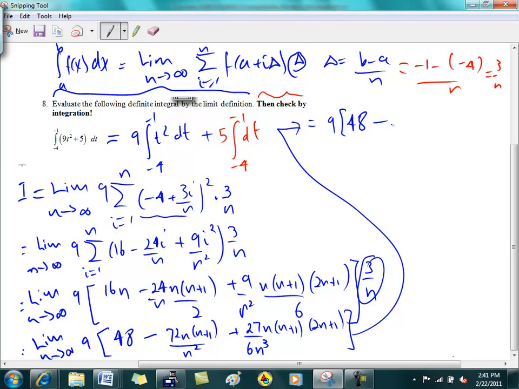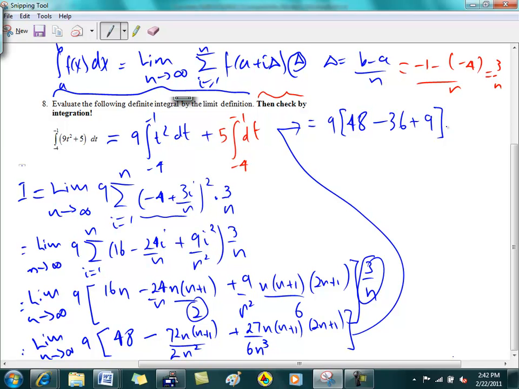And, sorry, there's a 2 here. That's this 2 here that I missed. And so that should be minus 36. And for the last term here, the degree upstairs is n cubed. Downstairs is n cubed. So that means it's 27 times 2 over 6. And so the 2 and 6 cancel to give you 3. And 27 and 3 cancel to give you a 9. So that's plus 9. Okay.